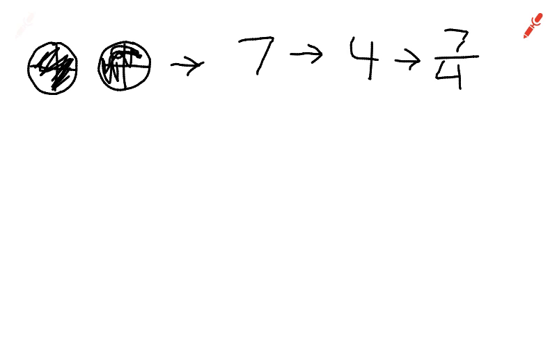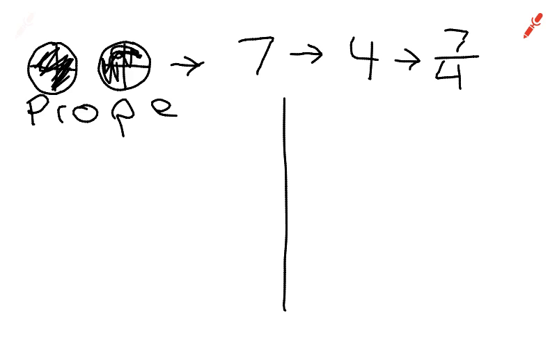And so the final box, it asks, is this proper or improper? Improper fractions will have a bigger number on top. So I'm going to show you the difference between the proper fractions and the improper fractions.